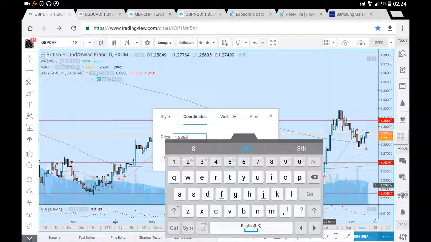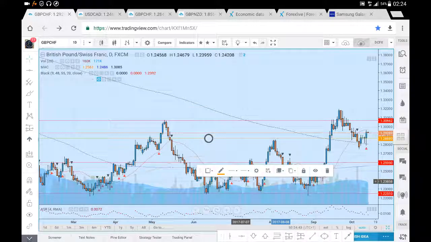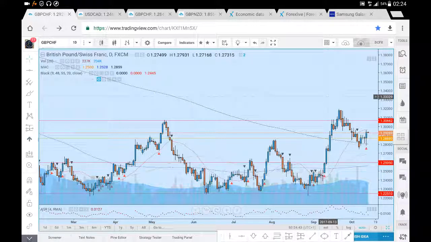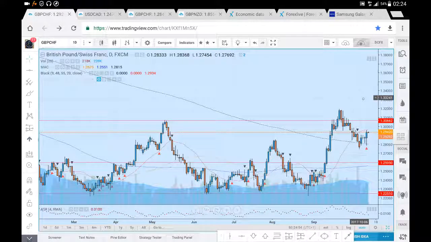Just moving quickly. No, it's in the wrong place. It's where the candle closed. Sorry about that. It's where the candle closed, not where the candle opened. That's not where the trade should be taken.